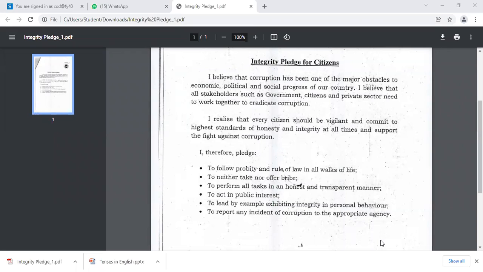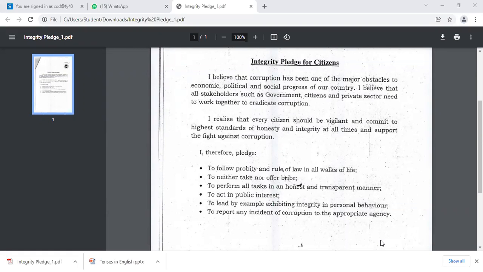What do you think this is about? This is given to us for the idea of corruption, how much it is increasing day by day in our Indian system.